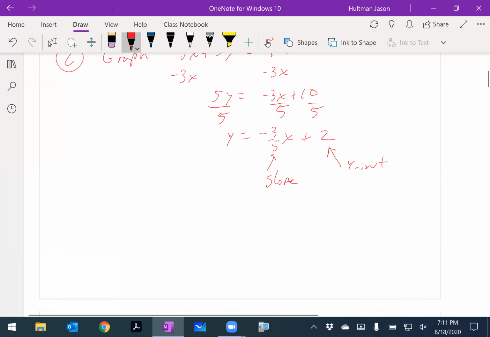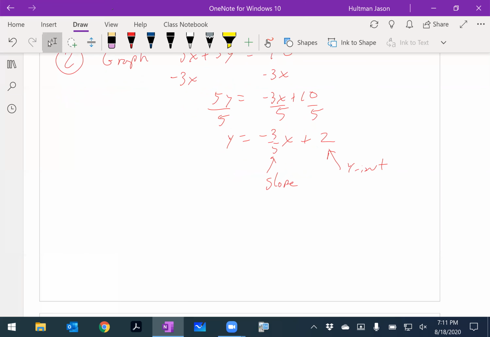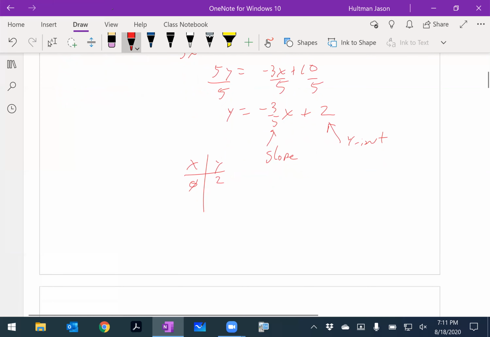Why is that the y-intercept? Because when x is 0, I'm at 2. So that's the y-intercept there. When I plug in an x value of 0, I get 2. What happens if I plug in an x value of 5? At 5, this thing becomes negative 1.